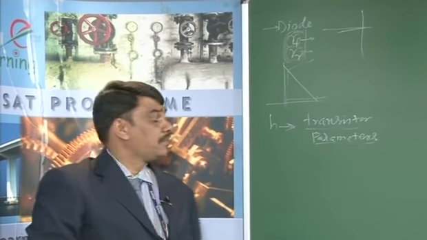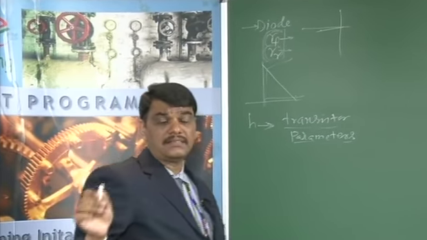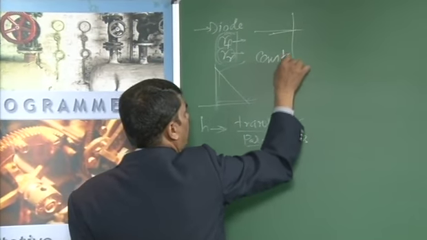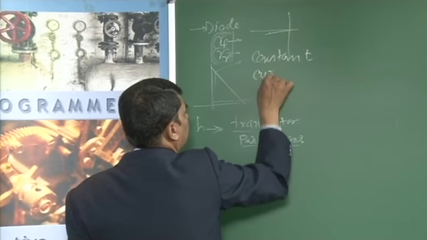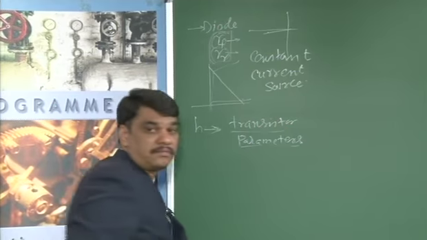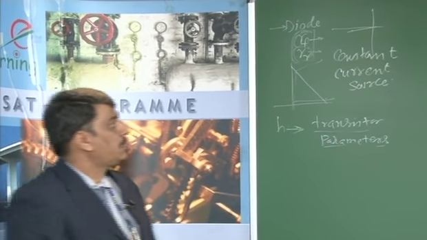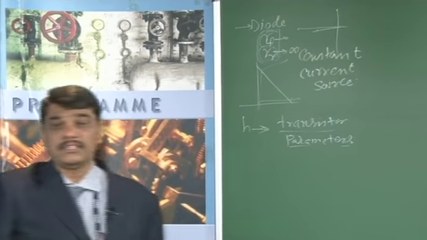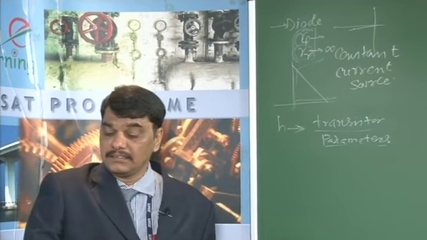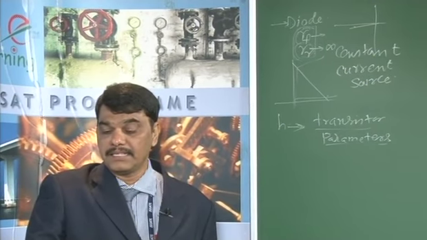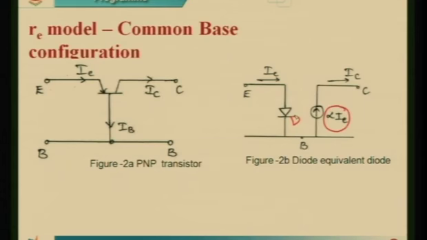Because of that, the collector base junction is replaced with a constant current source. We already derived that its output resistance is infinity, and therefore the collector base junction is replaced with a constant current source equal to alpha times IE.